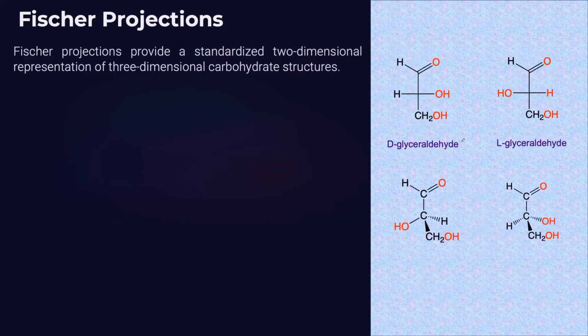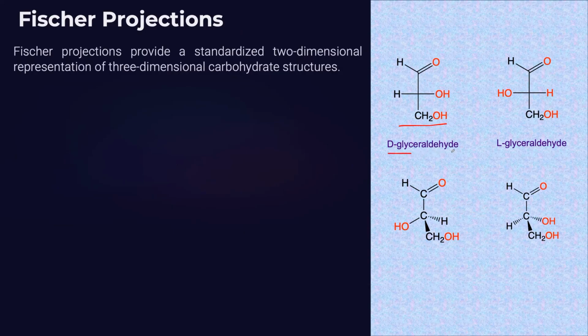Now, how do we find a standardized way of writing the structure of carbohydrates? Many of you have seen this kind of two-dimensional notation developed by Emil Fischer, and this is known as the Fischer projection. And here you will see the hydroxyl group. This is a simplified carbohydrate molecule.